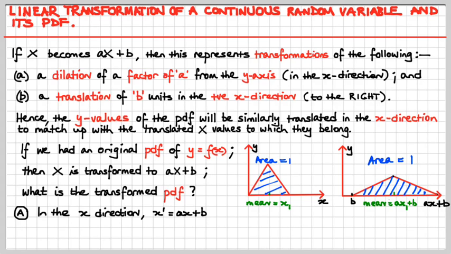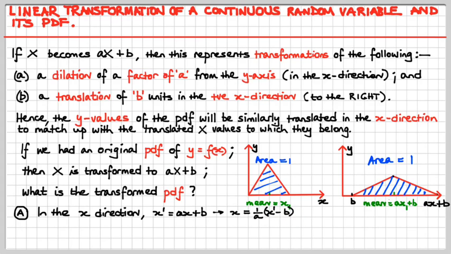Now, in the x direction, we know that the transformed values, x dashed, are a times the original value of x plus b, alright? Now, if you make x the subject, just rearrange this equation, you'll get x is 1 over a times (x dash minus b). If you care to check that out, I think you'll find that's right.